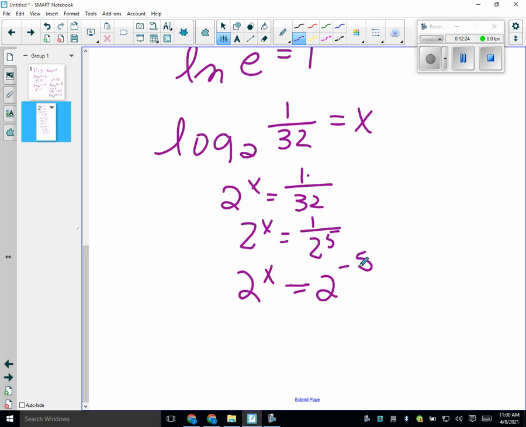Can you type this in your calculator? Under log base, and what did you get? 2.5. How nice is that? Pretty nice, right?